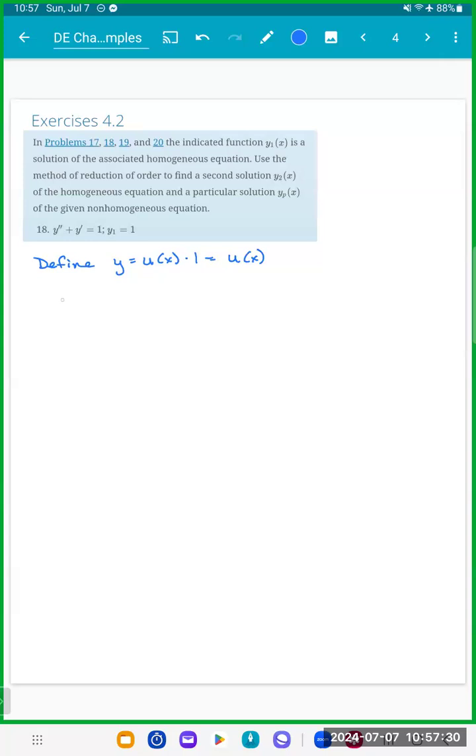So that will give us that y prime is equal to u prime, y double prime is equal to u double prime, and y double prime plus y prime is equal to u double prime plus u prime, which is equal to 1. Okay. Now, if we let w equal our u prime, then we can obtain our first order equation the same, right?